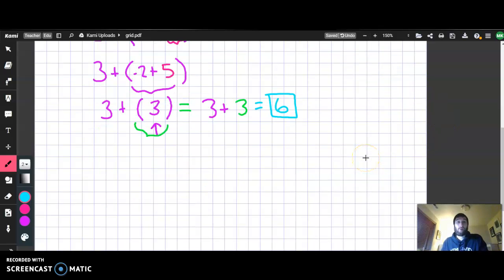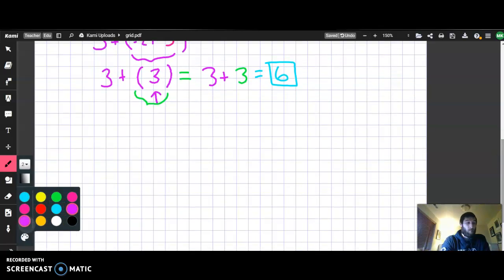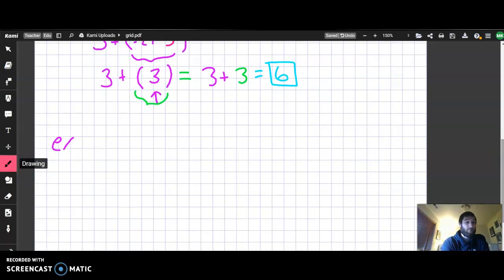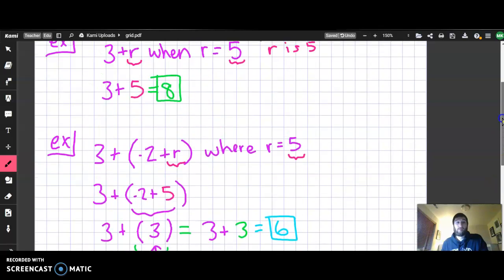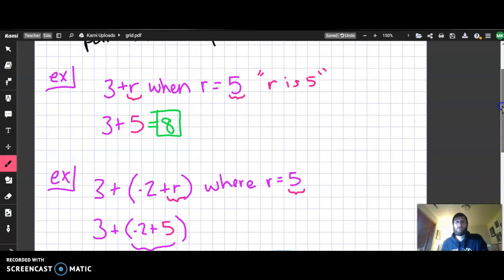Now, I have one last layer to throw at you guys. One last example. It's 3 plus, and like we talked about in our previous example, it's just building on the same kind of scenario. We started with 3 plus 5, which came from 3 plus r.